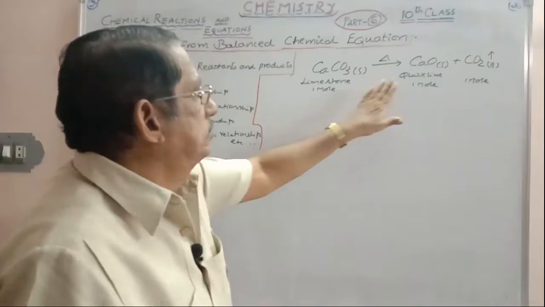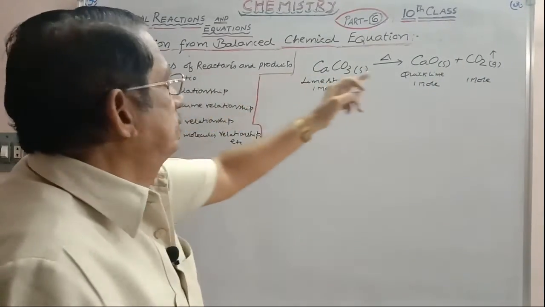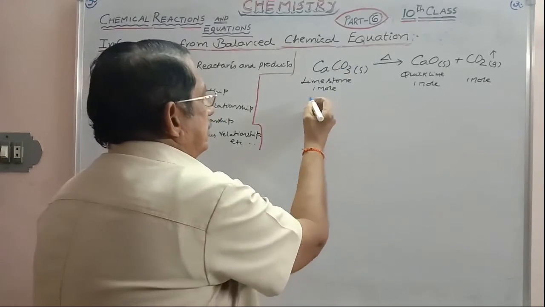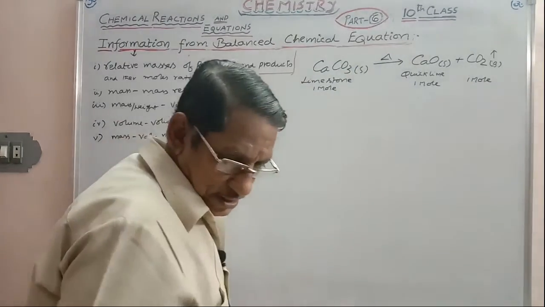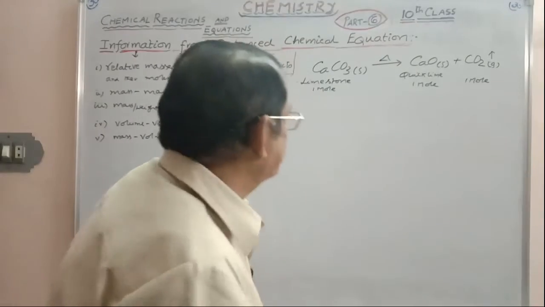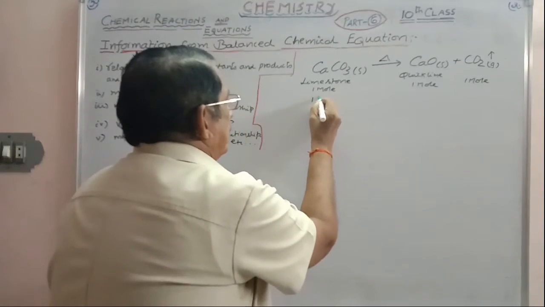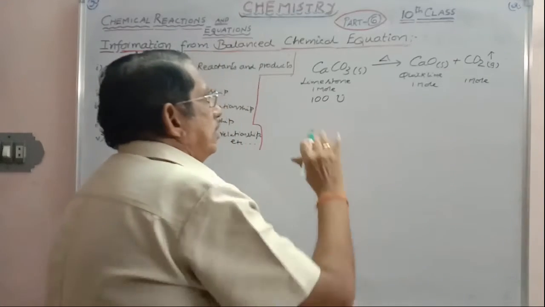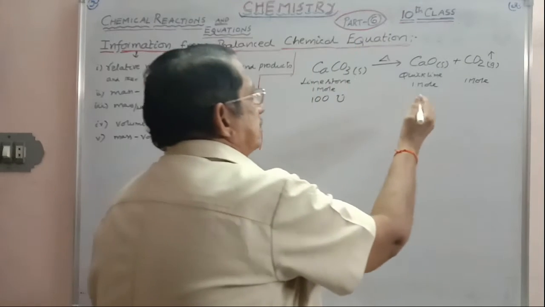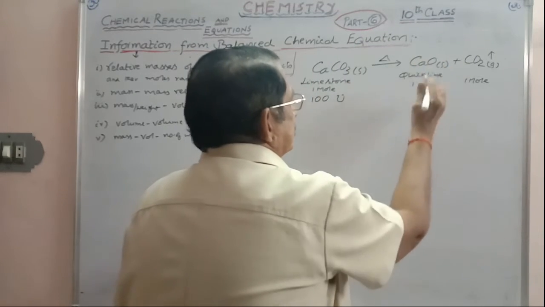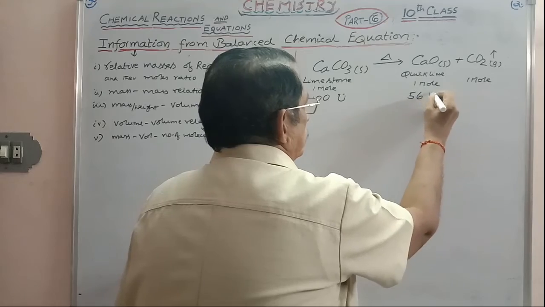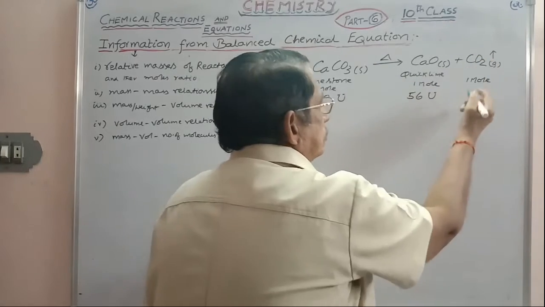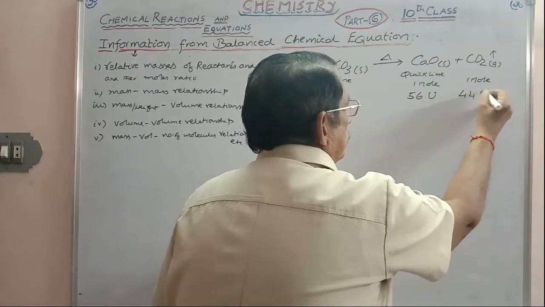Now you can express them in masses, relative masses of the reactants. What is the mass here? CaCO3, already we calculated, this is 100 amu. When 100 u of CaCO3 is heated, you are getting calcium 40 plus oxygen 16, 56 u of CaO, and carbon 12 plus oxygen 32, that is 44 u of CO2.